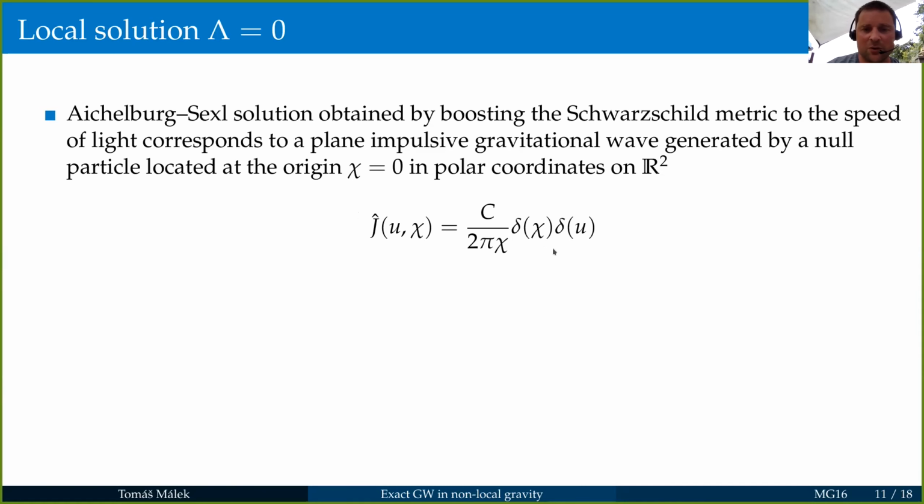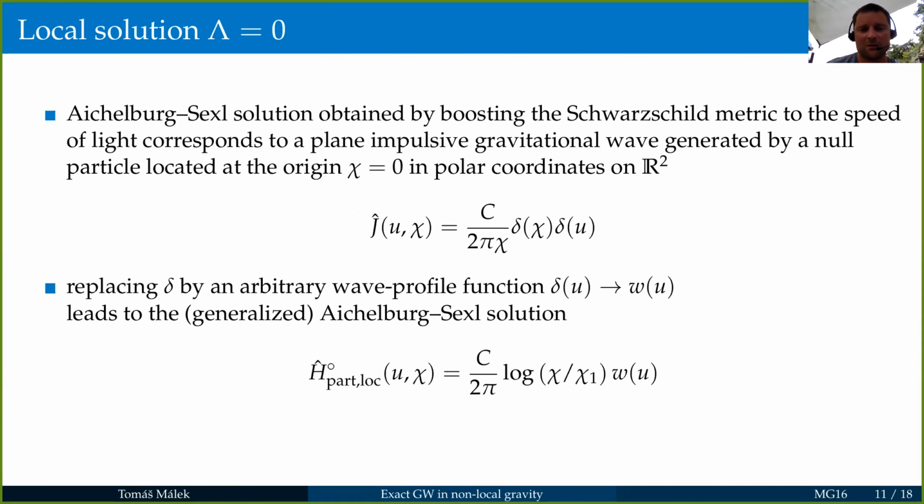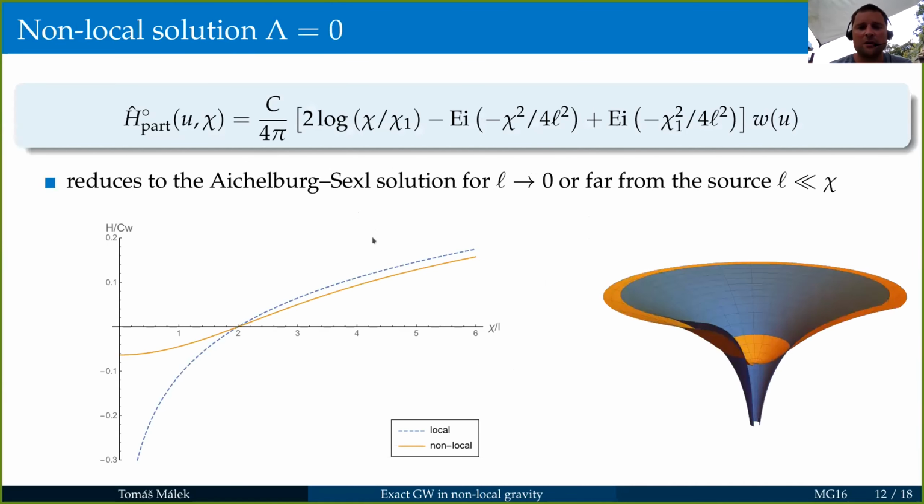We take this source as our J, replace the delta function by an arbitrary wave profile function, and plug this source into our field equation. In the local case, we obtain the generalized Aichelburg-Sexl solution. But in the full non-local case, we were also able to derive the exact solution. So this is the exact solution in the case of vanishing cosmological constant.